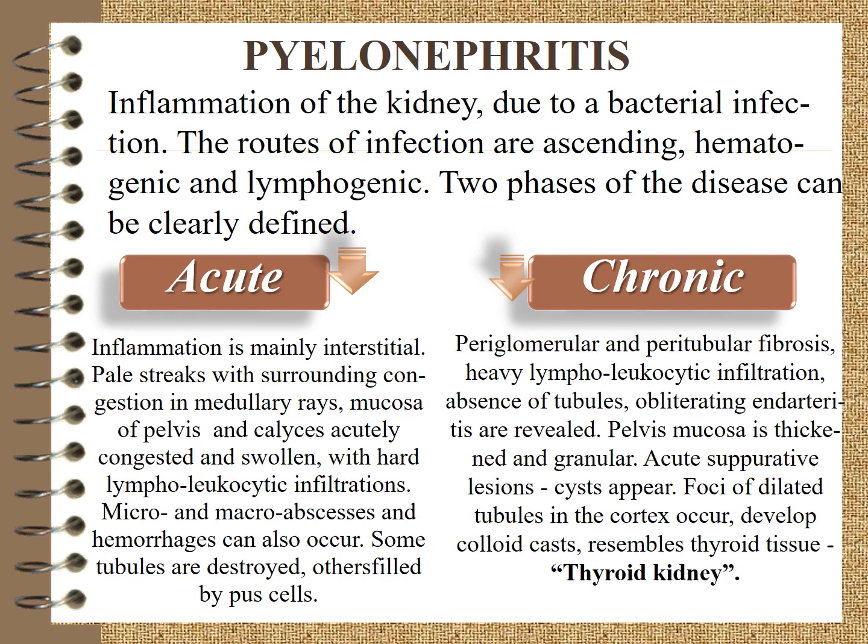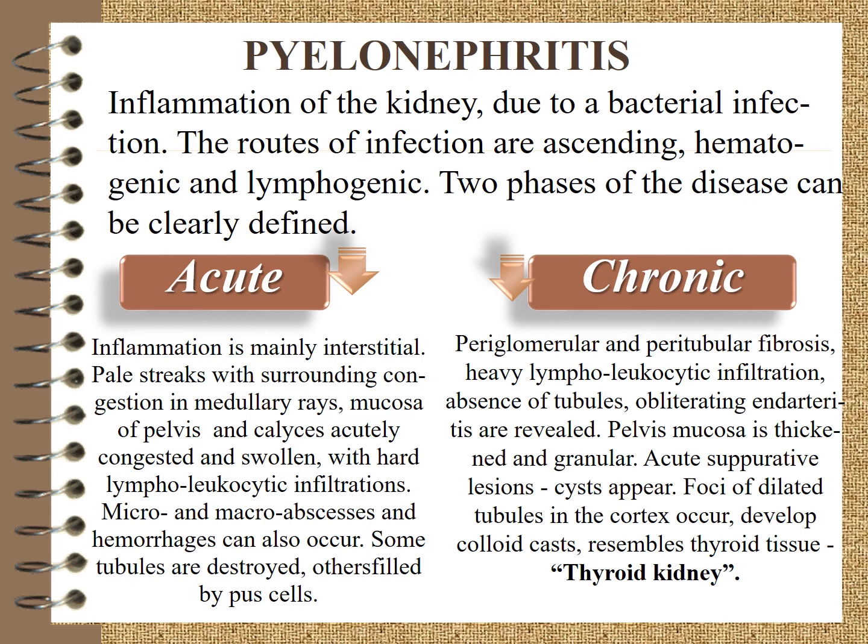Involvement of the interstitial tissue and destruction of the tubules make resolution impossible, and healing by a form of granulation tissue is usual. Chronic pyelonephritis is essentially the result of repeated attacks of inflammation and healing. Depending on the cause, only one or both kidneys may be affected to variable degrees.